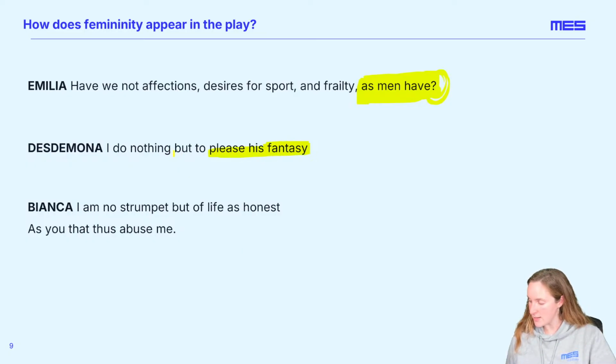She says, I don't do anything that's not specifically to please what he wants, so to please his desires. However, it's also interesting because this is then a reinforcement of Jacobean femininity, right? She is completely fulfilling the expectation of a Jacobean woman here by saying, I essentially live to serve my husband.